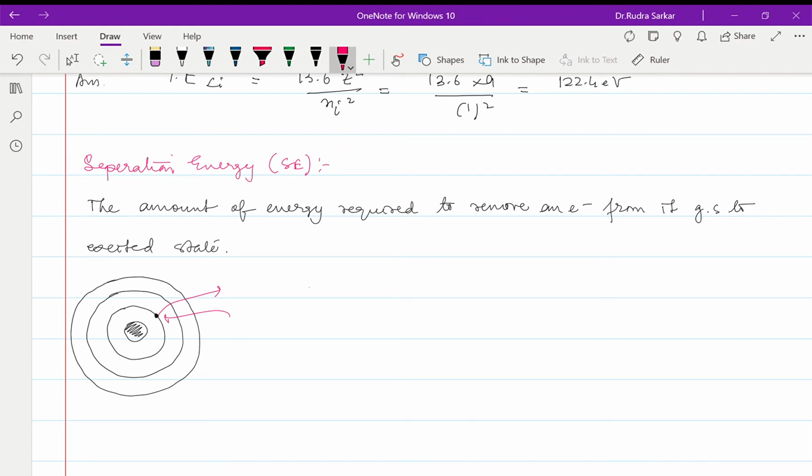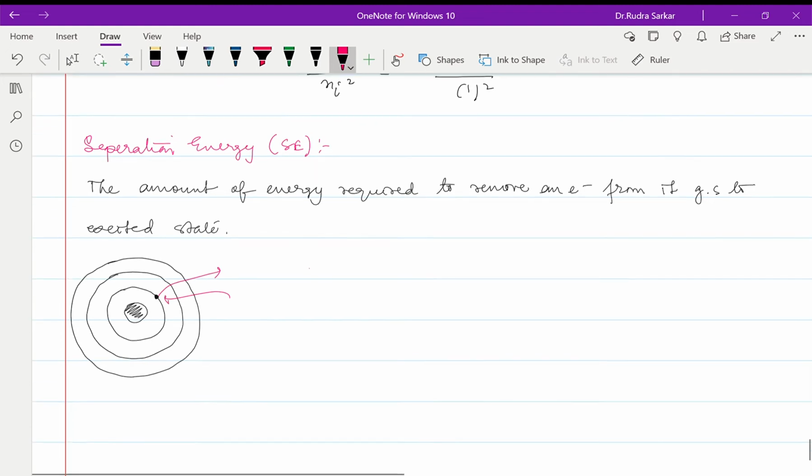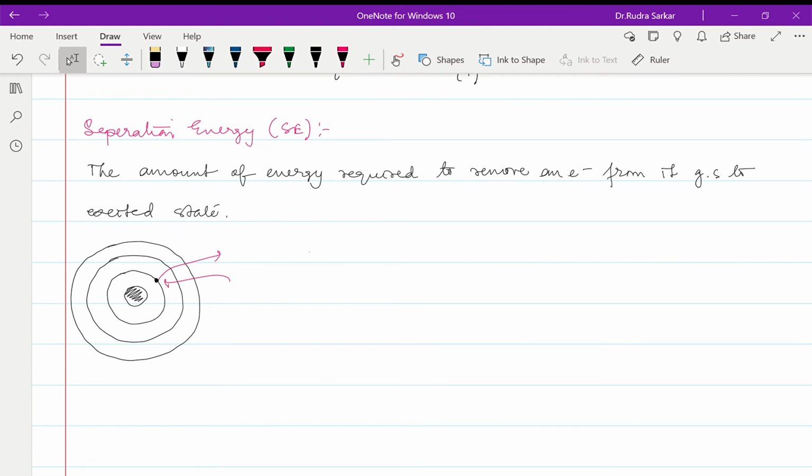It has gone to this infinite distance. All right, so say suppose this is for a hydrogen atom. We will say that SE1 is nothing but E infinity minus E first excited state.